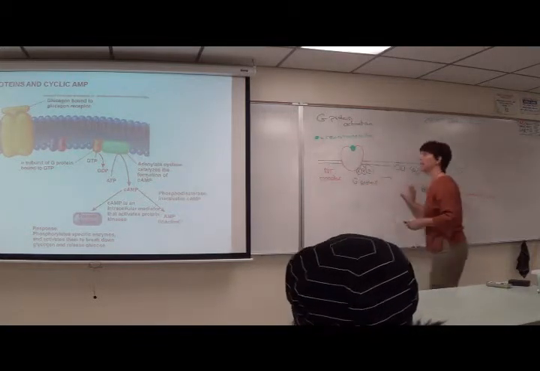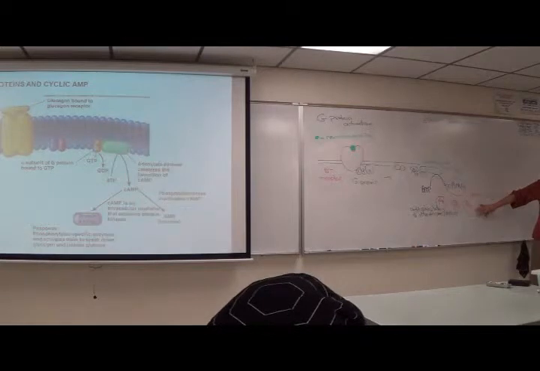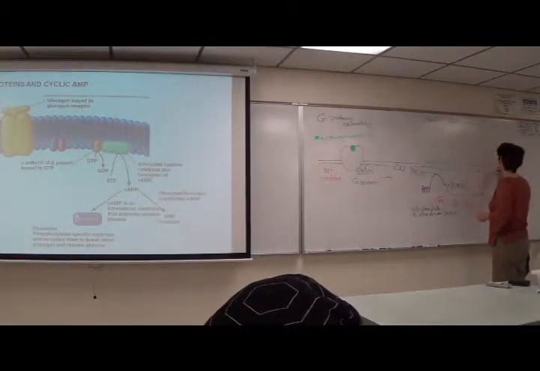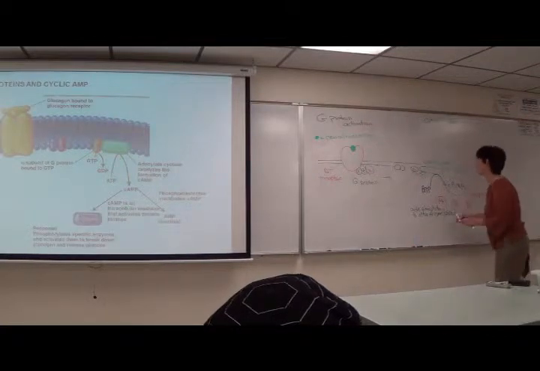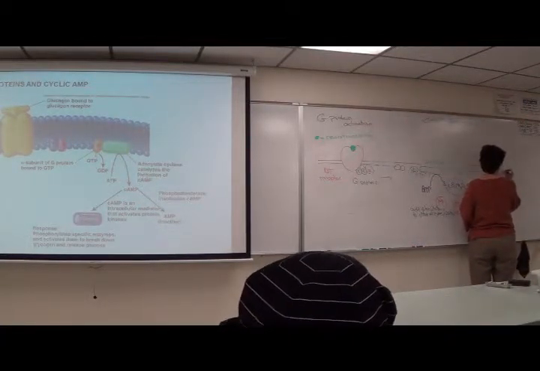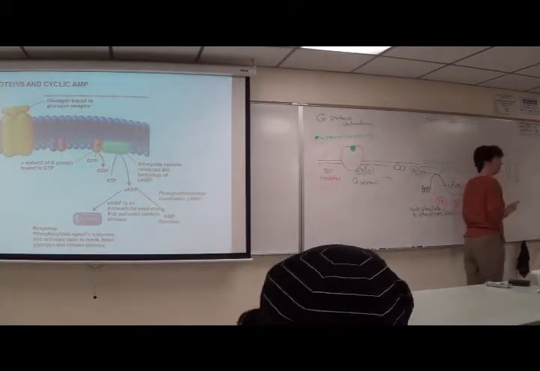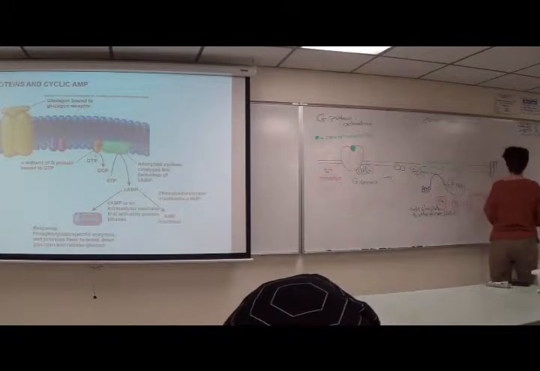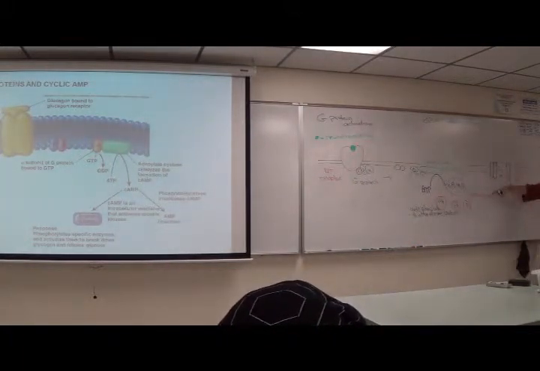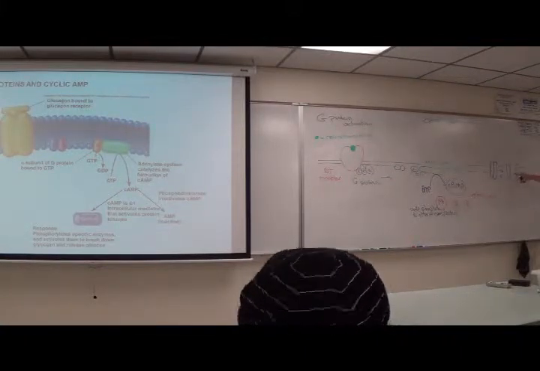So what we're going to see in our neurotransmitters is that the activation of these protein kinases are going to end up causing a channel that is closed to become open, or vice versa. All right, so depending on the postsynaptic neuron, we'll either open or we'll close channels.